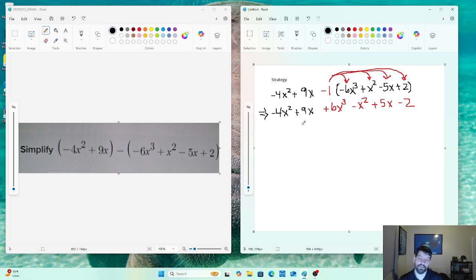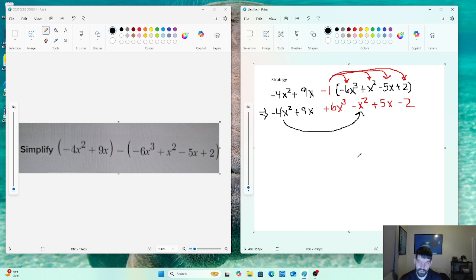So now what we can do is just go ahead and combine our like terms. I think I've mentioned this before, but if you haven't seen one of these videos in terms of the strategy of combining like terms, I've always been a fan of drawing arrows between my like terms. It allows me to keep things organized and kind of see what I'm combining.